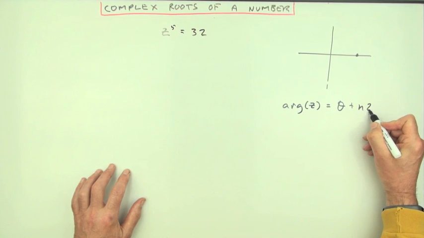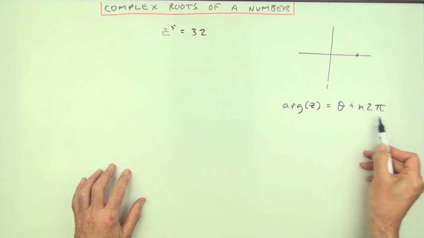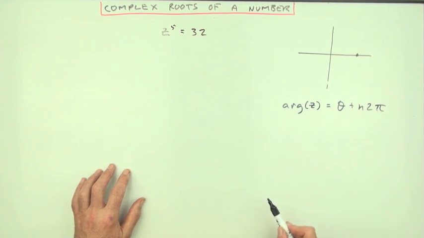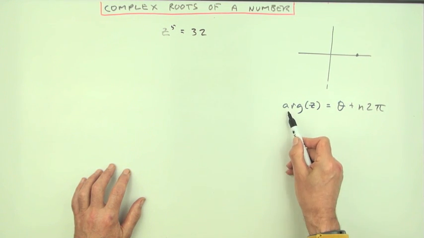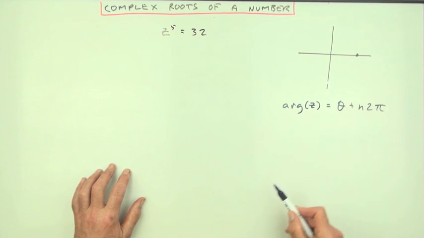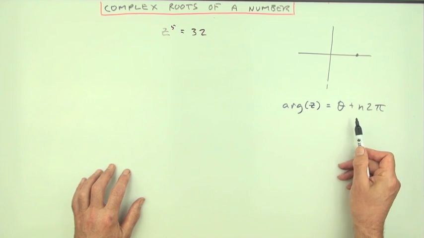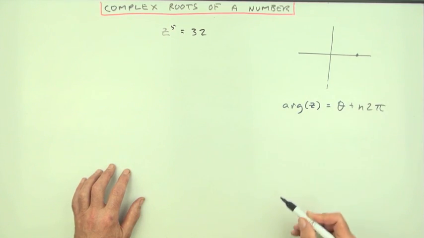So plus n lots of 2 pi. Now that actually is the full argument of a complex number. The argument of a complex number is a multi-valued function. What's the point in that, you might say? Because they'll just end up at the same thing.